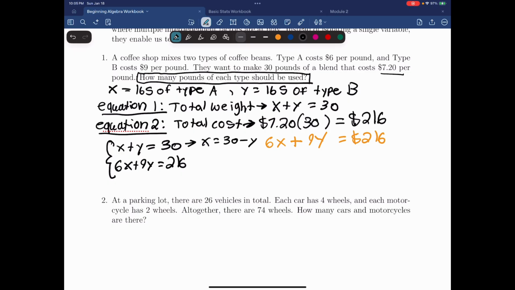And now that we have x set equal to this expression, I'm going to simply substitute it in for x here. So now what we're going to get is 6 times x, and x is 30 minus y.